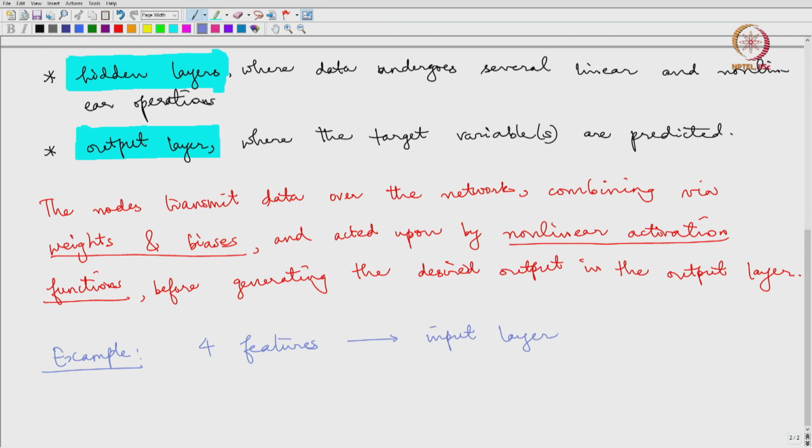Then we will have one hidden layer with 5 nodes, and finally we will have one target variable, and that will be in the output layer.